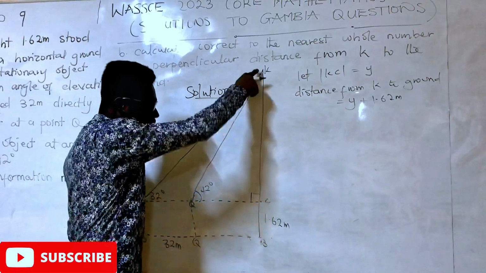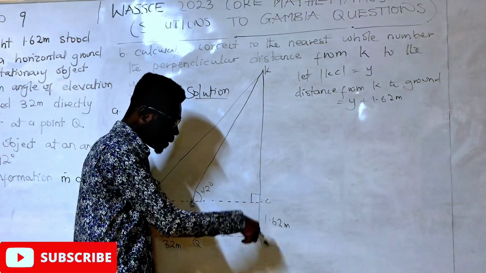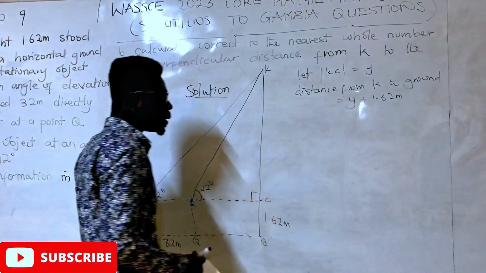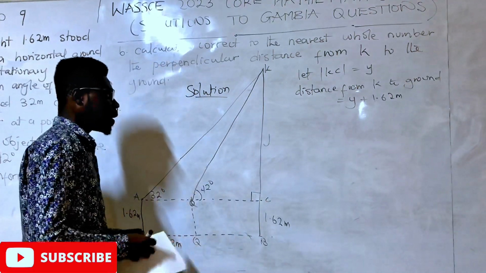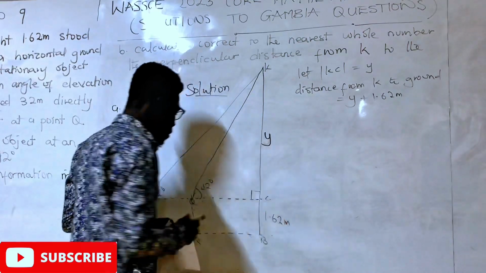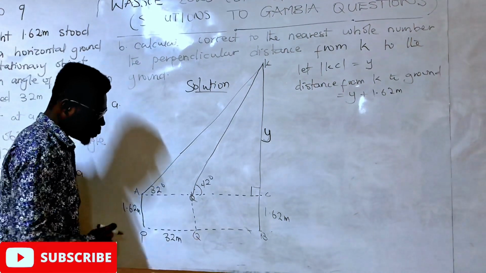So the distance from K to the ground is going to be from K to C plus from C to B. Now from C to B, we know it to be what? 1.62 meters. So we have that from K to C giving us Y. We know this side to be 32.